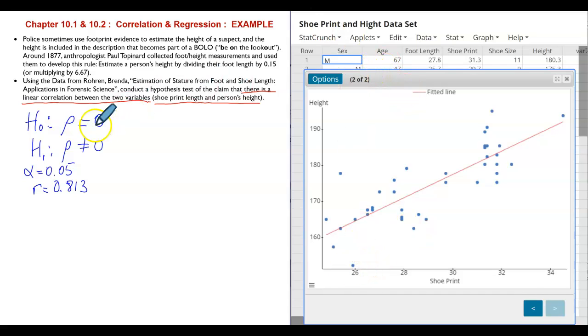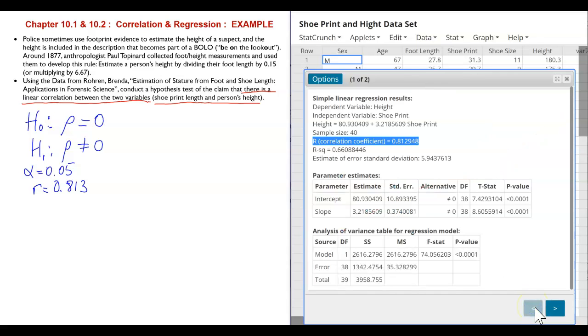So let's proceed. Let's go back and write down the p-value. The p-value is less than 0.0001. I'm going to write p-value is equal to 0.001. It's so small compared to the significance level of 0.05. The p-value is significantly less than the significance level of 0.05.